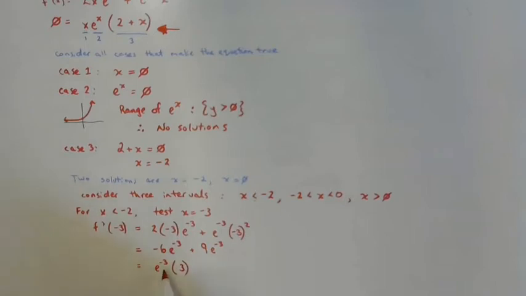So we're looking at 3 times e to the power of -3, which we can put in our calculator and get an approximate value of 0.1. If you could do another step in your head, this would be 1 over e cubed times 3, so 3 over e cubed would be an easy way to put it in your calculator.